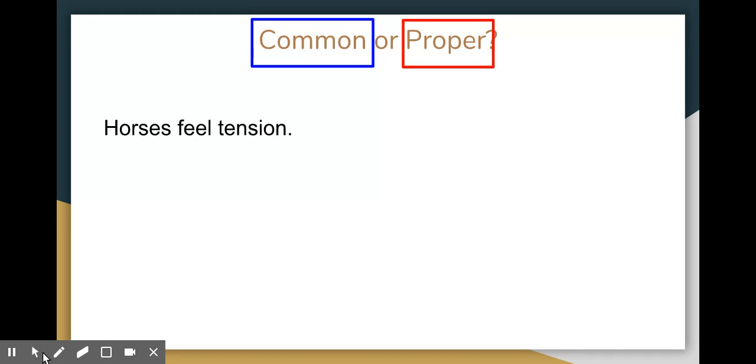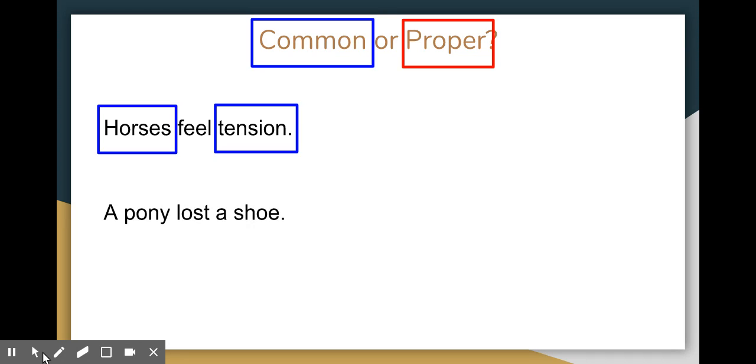If you can box in blue and red, that'd be great, or just two different colors. Okay. Now, horses would be a common noun. Here's another trick though. The word tension is a noun. It's something that we can't physically touch, but it is a common noun. It's an idea.